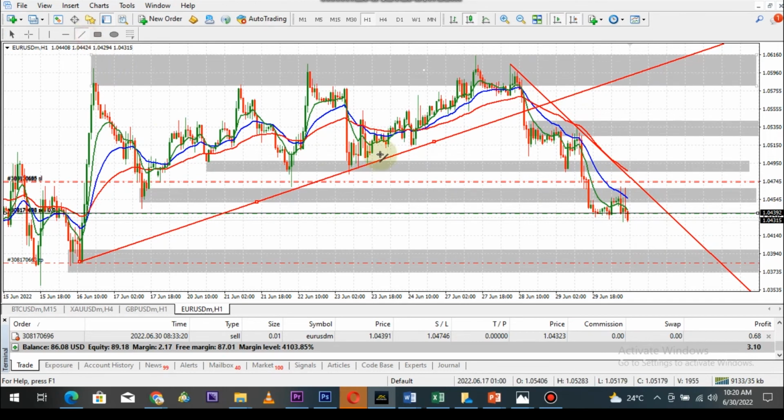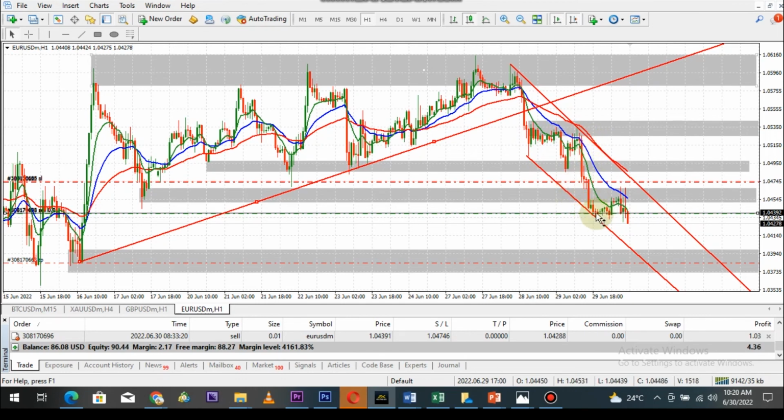If you want to draw a dynamic support on this downtrend, you connect this low and this low here. We have a low here, we have a low here, and this will give you a target to where you should be expecting the market to want to turn. Because even though it's in a downtrend, you can see that whenever it touches the support, it goes and touches resistance.